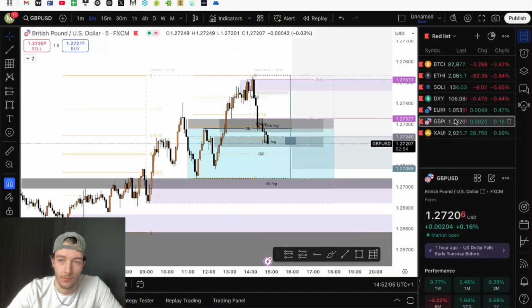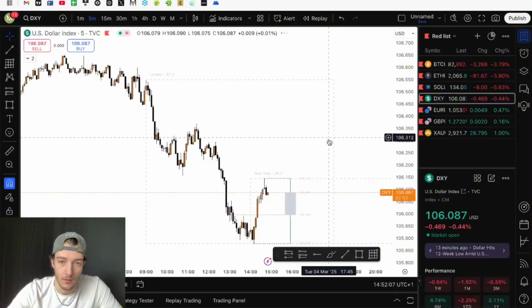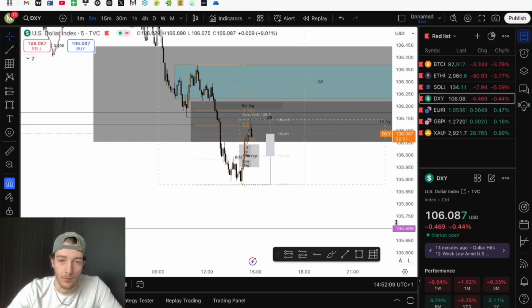GU and Euro are still falling, good to see. The more they fall, the better for the long.